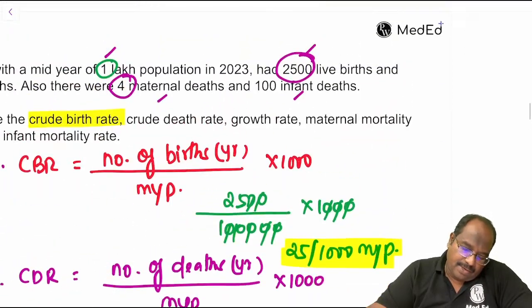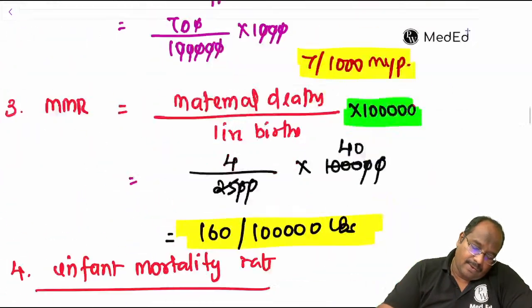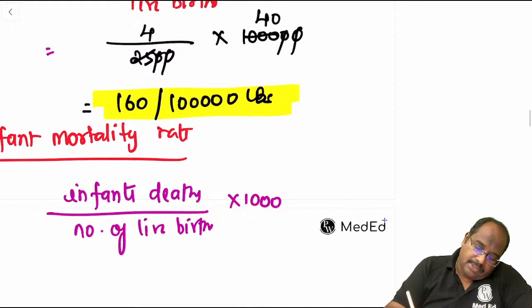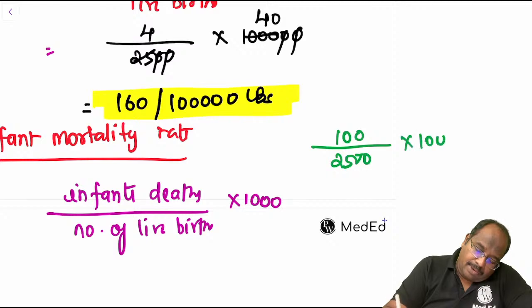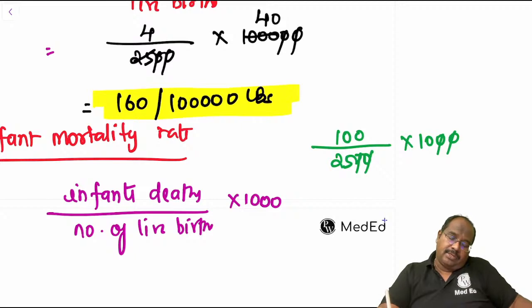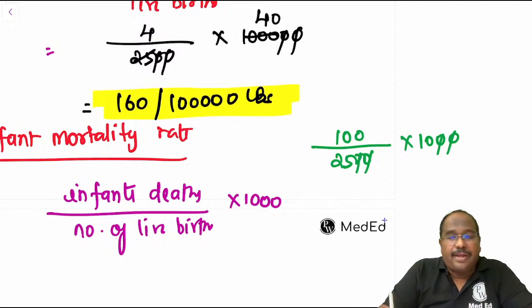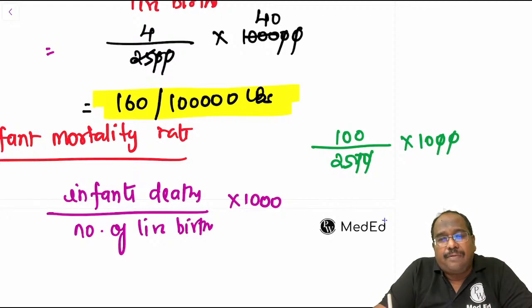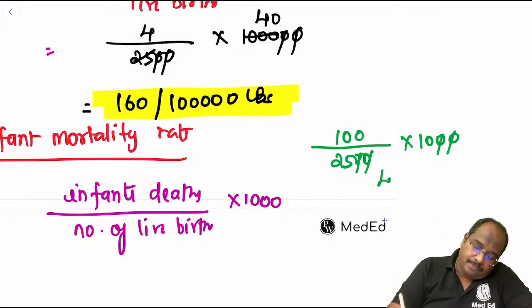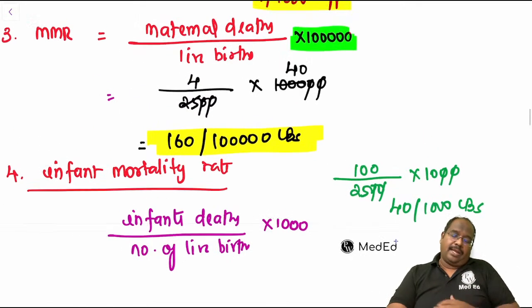We have seen the infant deaths are 100. So this is 100 divided by 2500 multiplied by 1000, which is 1000 by 25, that is 40 per 1000 live births.